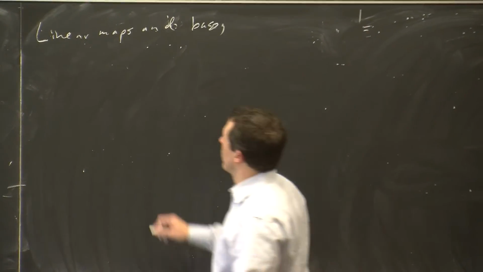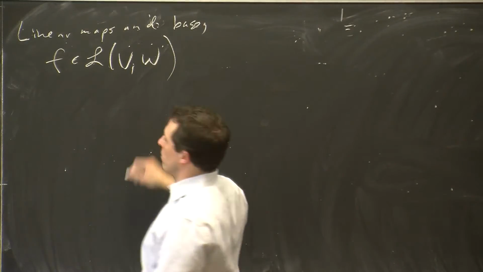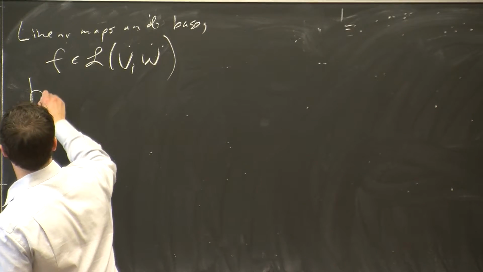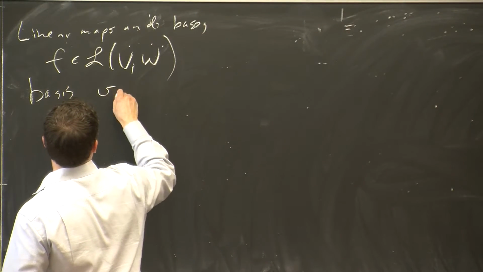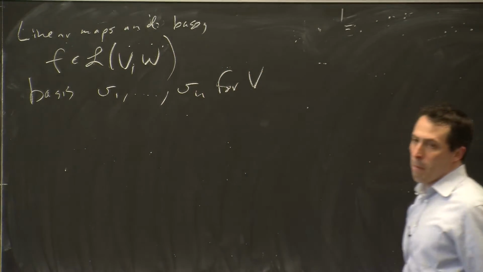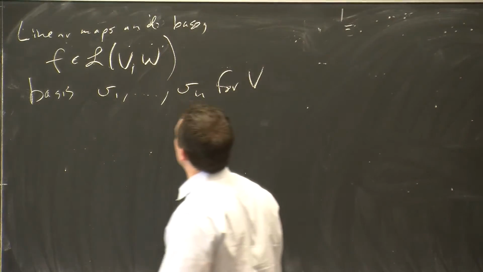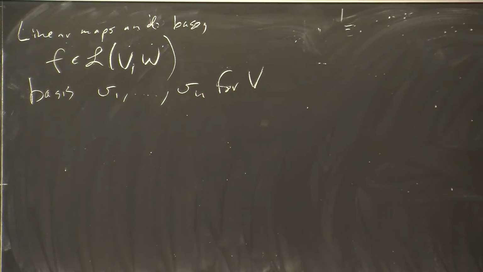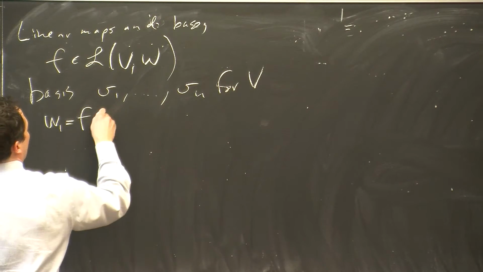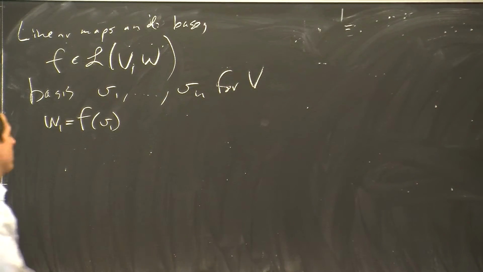So suppose I have a linear map F, a linear transformation from V to W, and I have a basis for V. And I apply my map to each element of the basis.